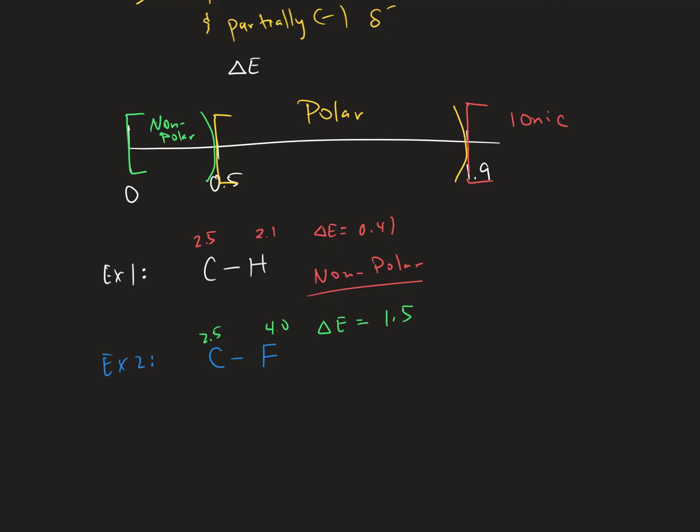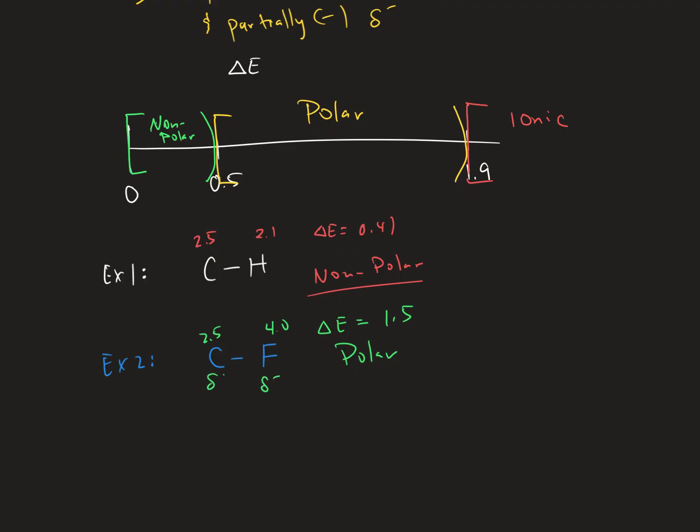So what is this? Polar, nonpolar? It's a polar bond. Since it's polar, we have to specify which side is partial positive, which side is partial negative. I like to deal with the partial negative first. Which one is partial negative, carbon or fluorine? Fluorine, because it's more electronegative. Does that make sense in everybody's mind?